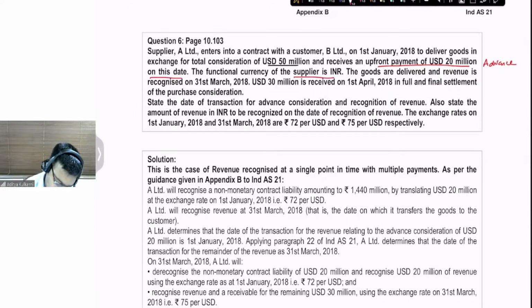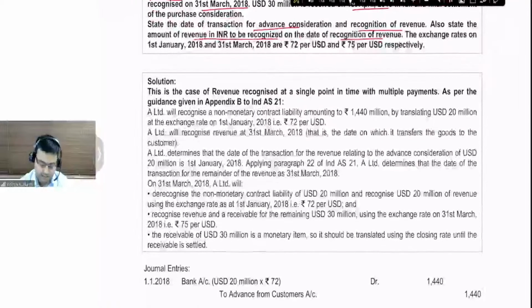Goods are delivered and revenue is recognized on 31st March 2018. 30 million is received on 1st April 2018 in full and final settlement. State the date of transaction for advance consideration and recognition of revenue. Also state the amount of revenue in INR to be recognized on the date of recognition of revenue. Exchange rates are 1st January 72 and 31st March 75 per USD respectively.